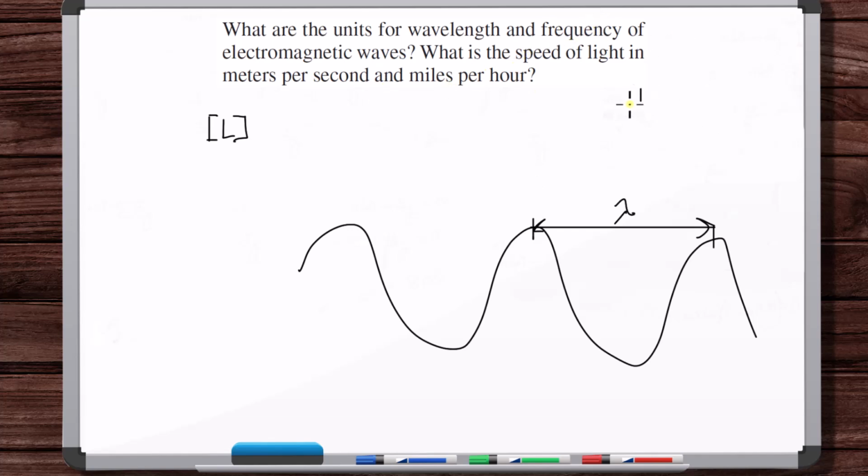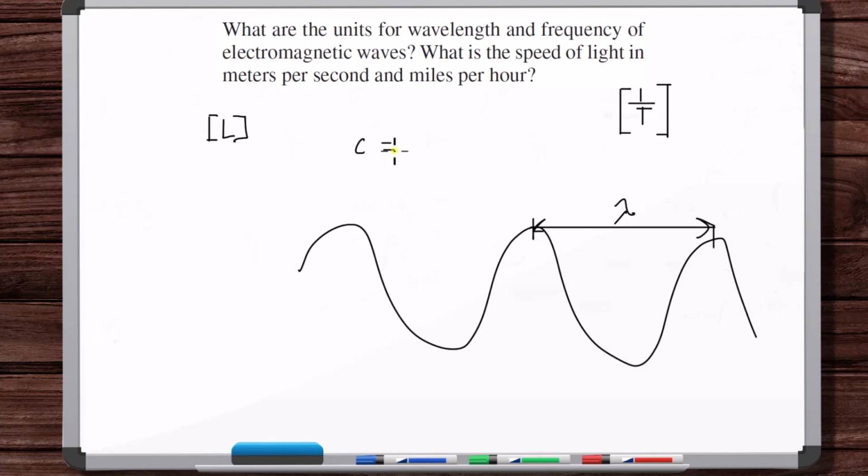That's 1 over time. Typically it's 1 over seconds, like hertz, but technically it could be 1 over any time, like 1 over hours, 1 over minutes. And it's 1 over a time because you think about this as one cycle in how much time.